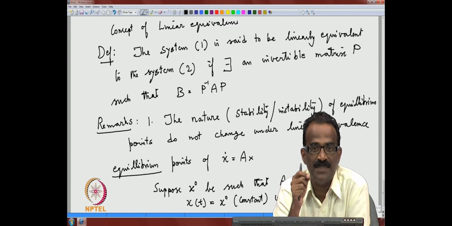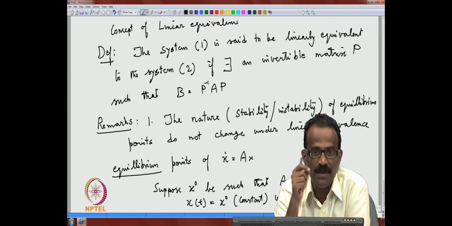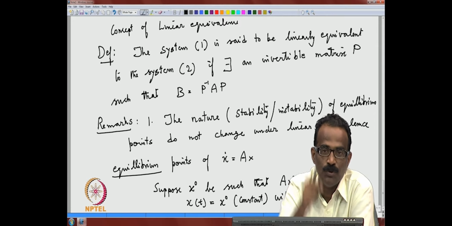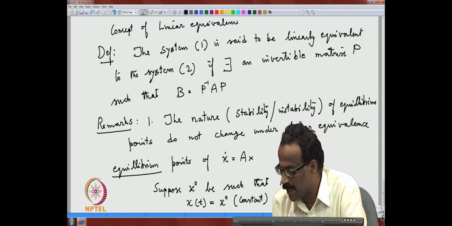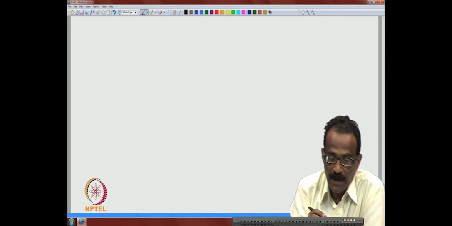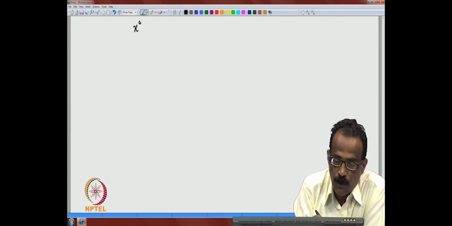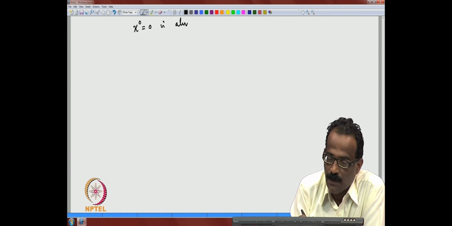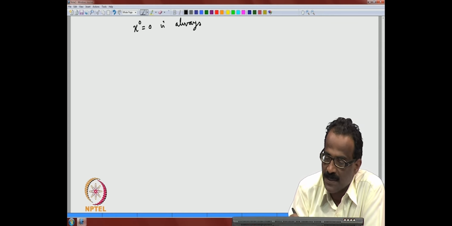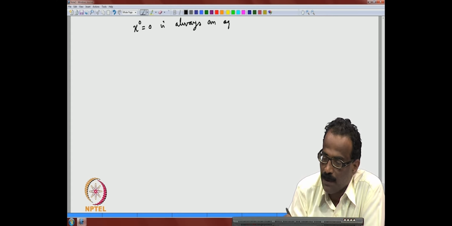So, that is why it is a steady state solution. So, for a linear system, x naught equal to 0 is always an equilibrium point.